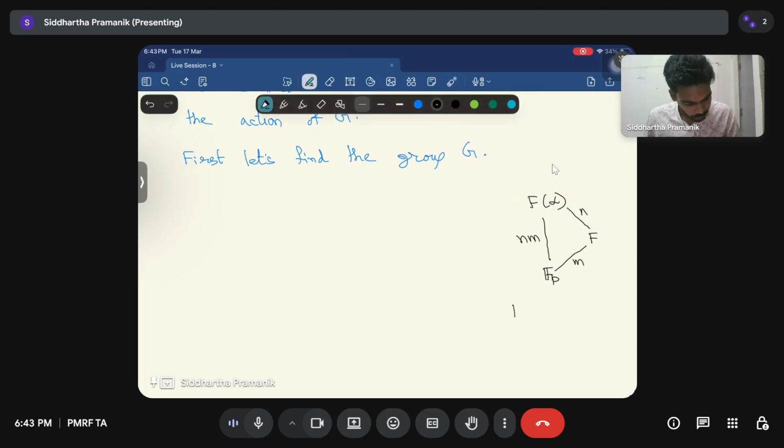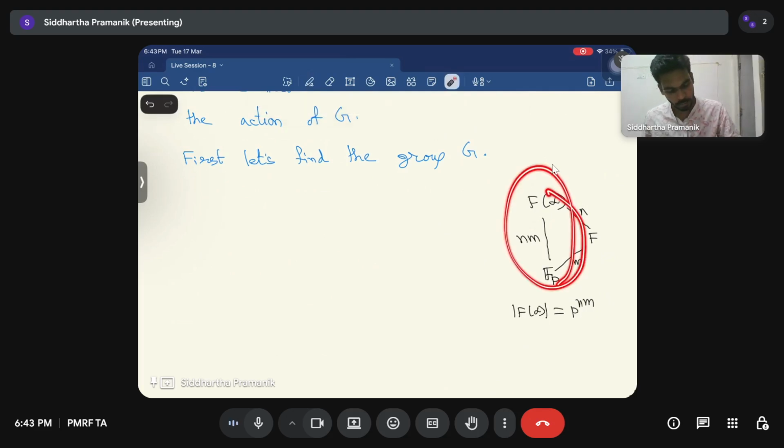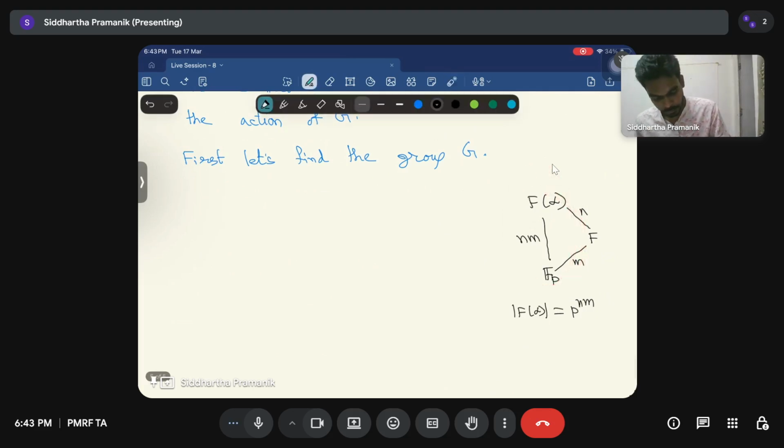So the cardinality of F(alpha) is basically p power nm. And we know about this particular Galois group, right? So we know this Galois group of, so this is our field K.